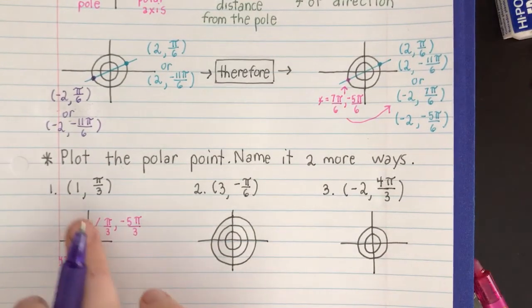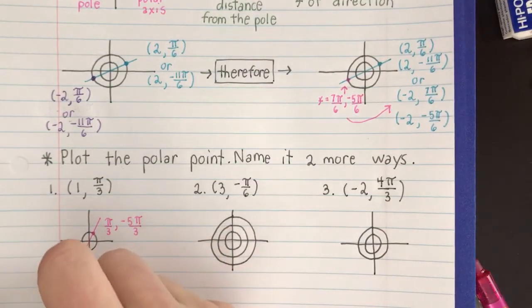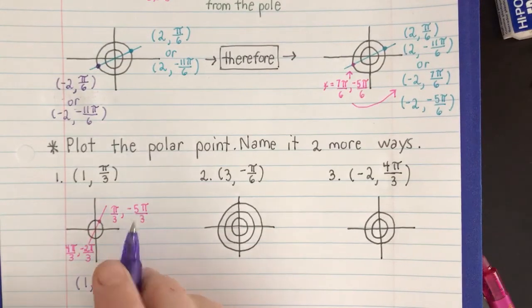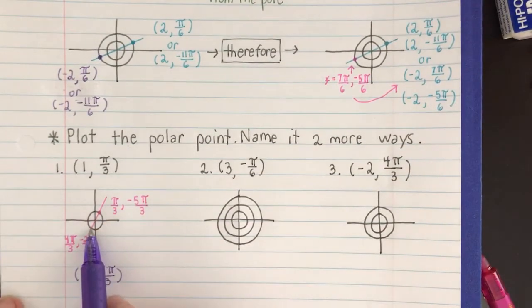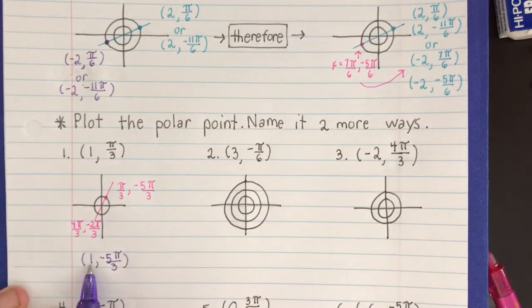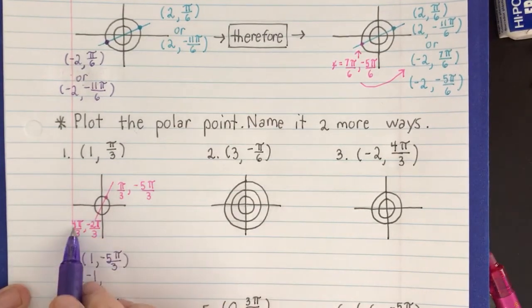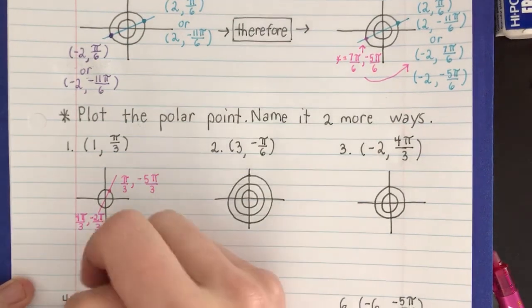So this coordinate is obviously 1 comma pi over 3. It could also be written as positive 1 comma negative 5 pi over 3. But if you choose one of these angles, then you have to make this negative. So you could say negative 1 comma 4 pi over 3, or you could say negative 1 comma negative 2 pi over 3.